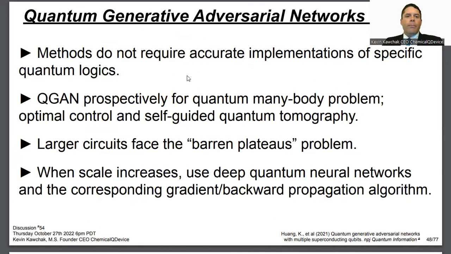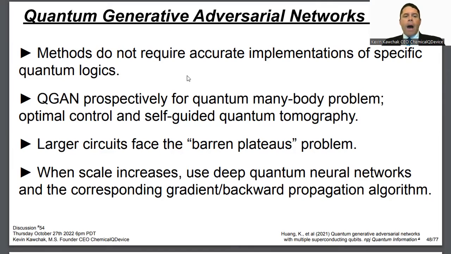So you see, methods do not require accurate implementations of specific quantum logics. And then QGAN, so there's other problems in quantum that it could be used to solve, and this is called quantum many-body problem, optimal control, and self-guided quantum tomography.